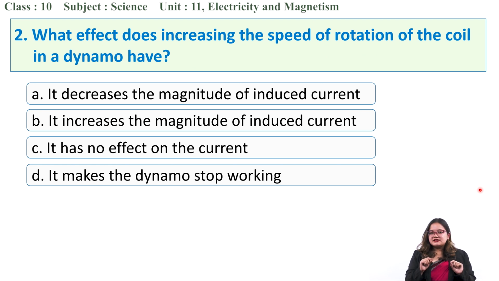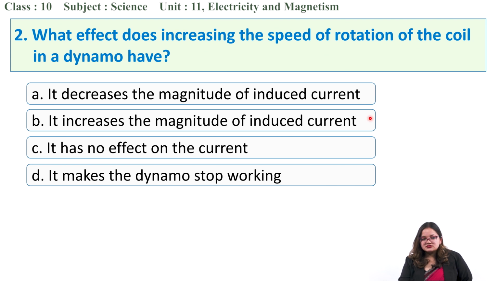We said that the strength of the induced EMF is directly proportional to the rate of change of magnetic flux, right? So if you increase the speed of rotation of the coil, you are also increasing the rate of change in magnetic flux. Option A says it decreases the magnitude of induced current.